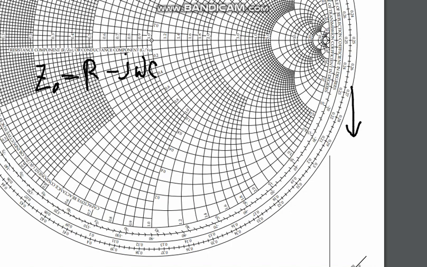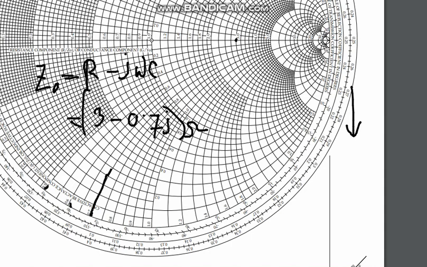Now if we take another value, 3 minus 0.7 j ohms, what will we do? That is the circle 3.0, and we have to find out where 0.7 is. That is 0.5, that is 0.6, that is 0.7.